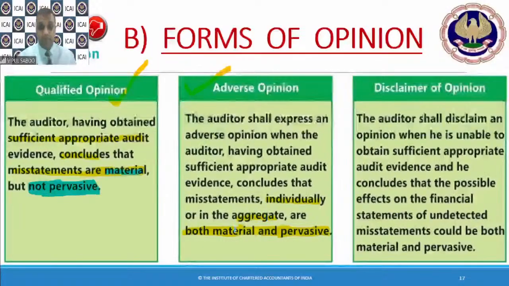But if the misstatements are both material and pervasive, found everywhere in the financial statements, leading one misstatement to another, to a third, to a fourth, creating a chain just because of one or two misstatements, so in aggregate or individually, they are material and pervasive. So the auditor gives an adverse opinion, and it is a more harsh opinion than a qualified opinion.